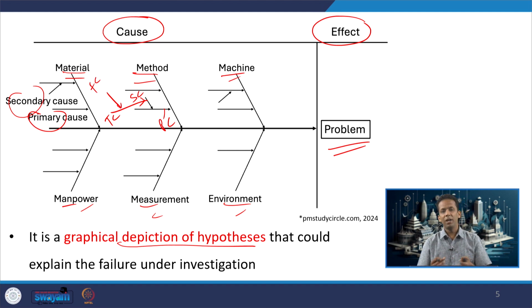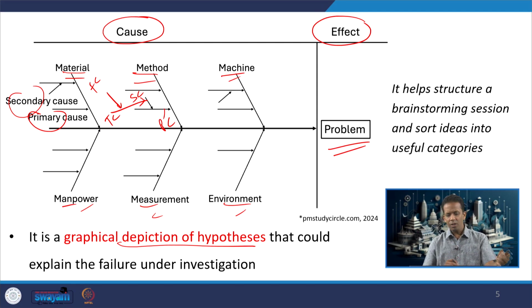And at times we can have fishbone diagrams like this. Basically this tool helps to create a brainstorming session and sort ideas into useful categories. Suppose you have a team of experts working in a particular area, and we have identified a problem, and now what are the possible causes?